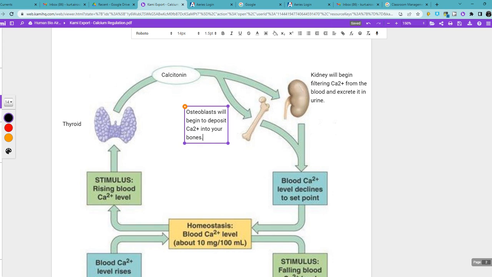It signals the osteoblasts to start taking calcium out of the blood and make new bone matrix, new bone tissue, the calcium and the phosphorus, calcium phosphate. So those are the two ways calcium is taken out of the blood. The kidneys will filter it out, and the osteoblasts are going to take it from your blood and deposit it as new bone tissue.